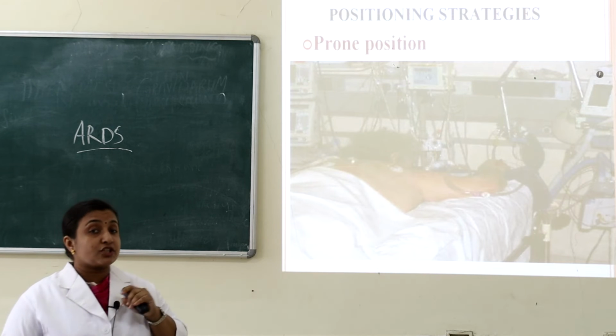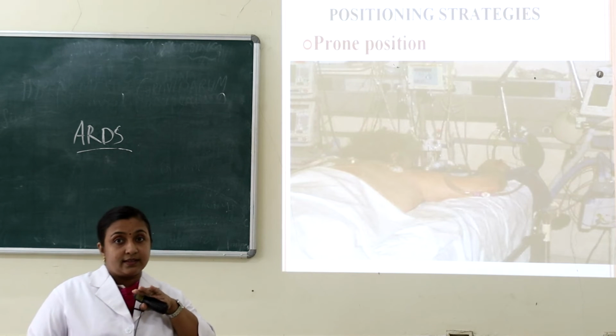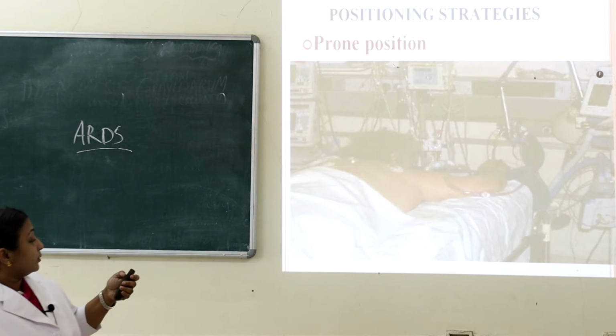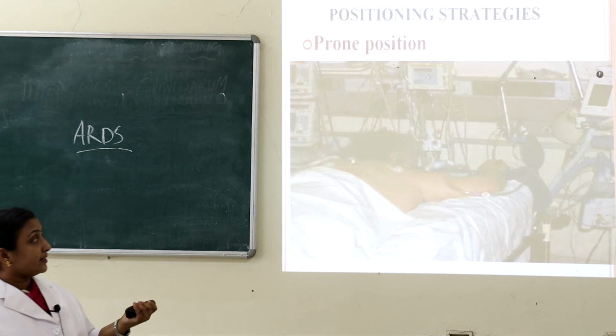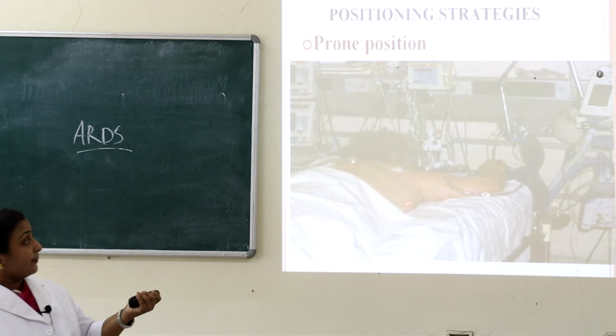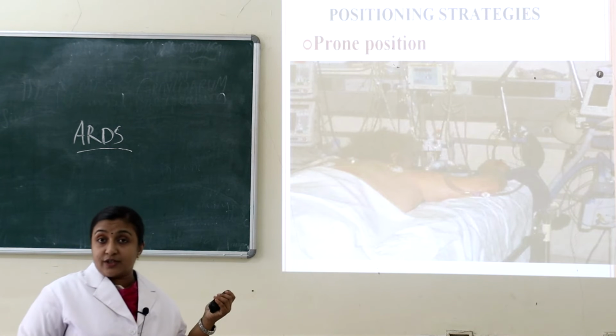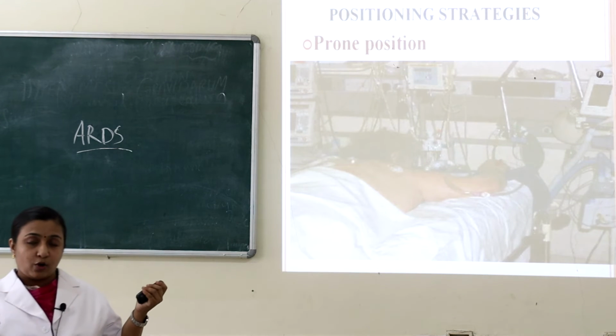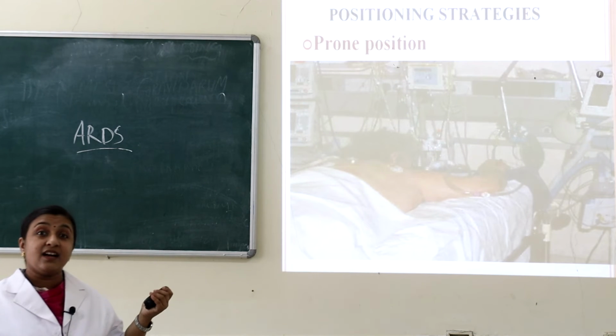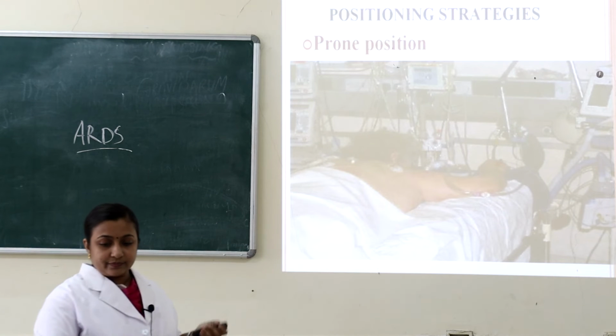The next is position strategies for patients with ARDS, which include the prone position. You can see this image, isn't it? This is a prone position we can provide for these patients to improve oxygenation as well as to expel the secretions.